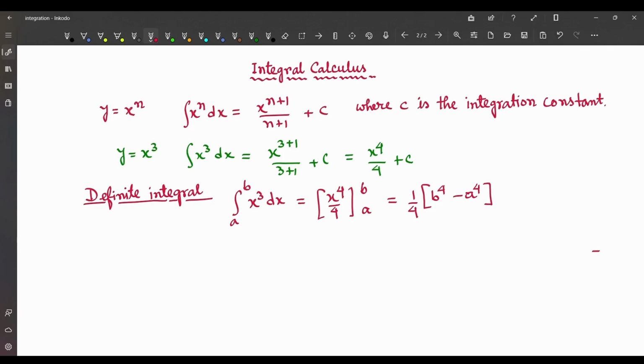So whenever we are integrating for a specific range or specific value, then that integration is known as a definite integral, and here the constant is not required.